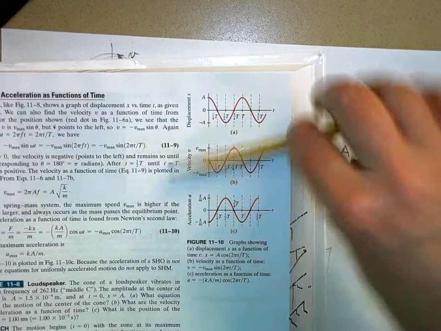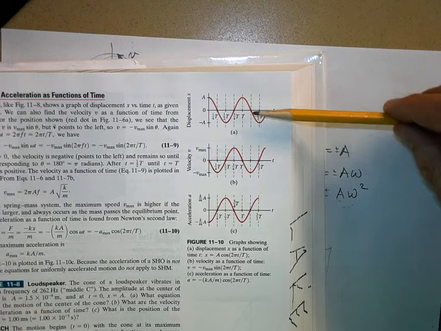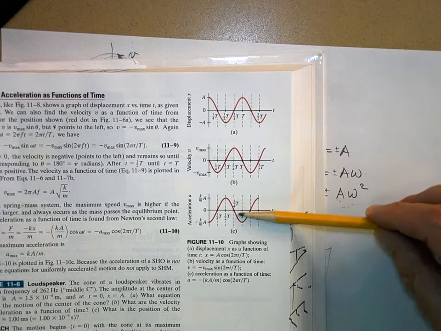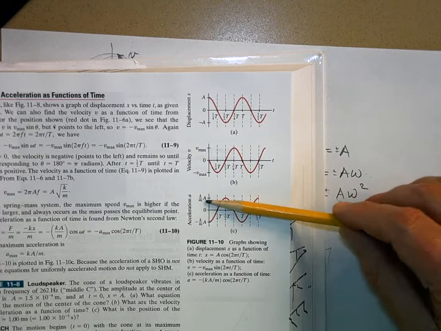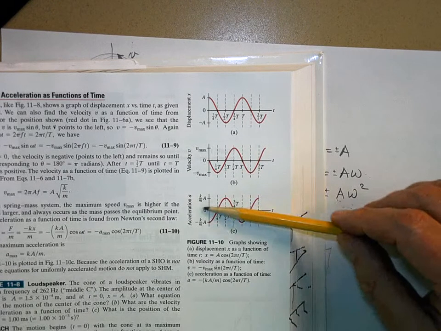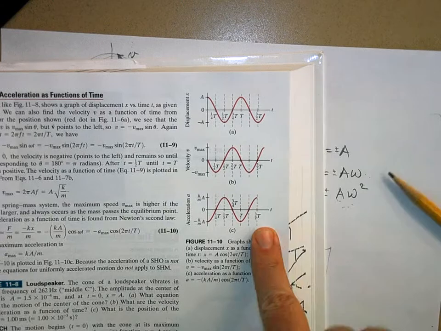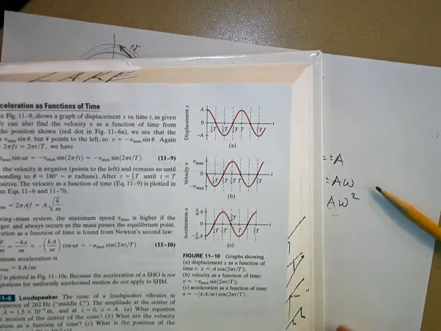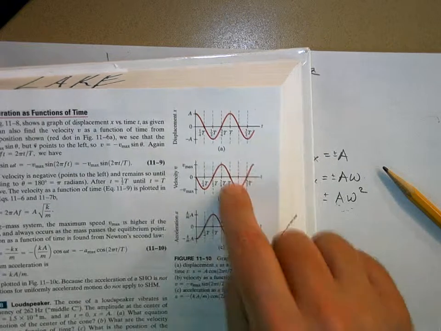And notice that this graph is a cosine wave. This graph is a negative cosine wave with a different amplitude now, k over m times A. But this really shows the relationship that I just showed with equations. This is a graph.